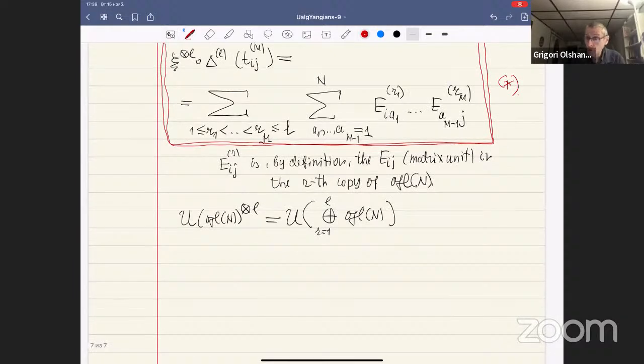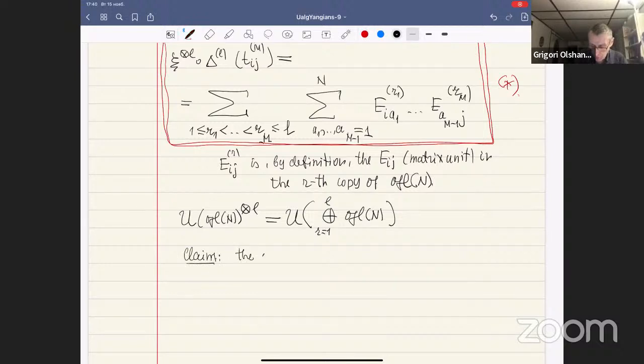So what do we want to prove? We want to prove that the ordered monomials in these expressions are linearly independent. This looks a bit complicated, but actually, it is not. So the claim is as follows.